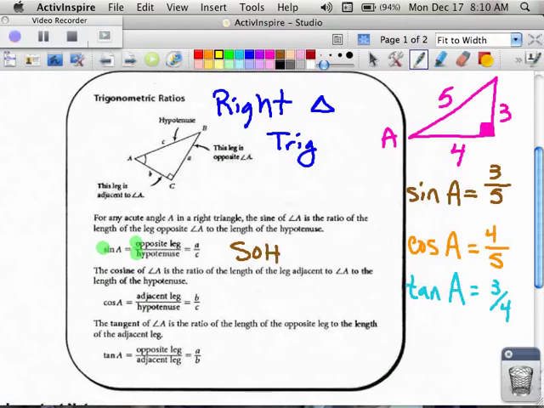And then in the cosine, you see that you have a C, an A, and an H as the first letters of each word that we're talking about. And so they might have talked about that cosine as CAH, that the cosine is the adjacent over the hypotenuse.